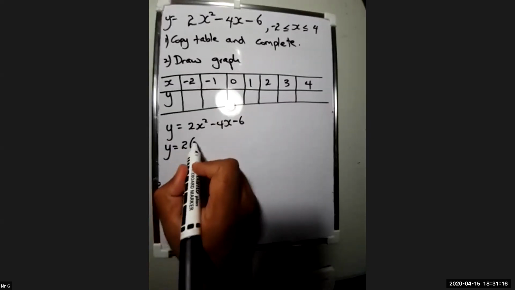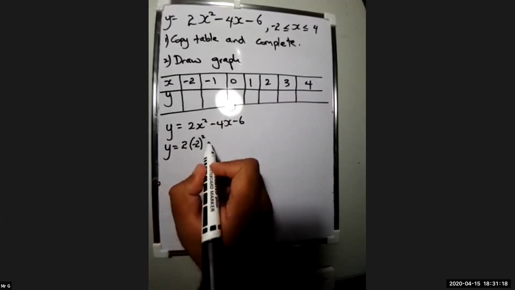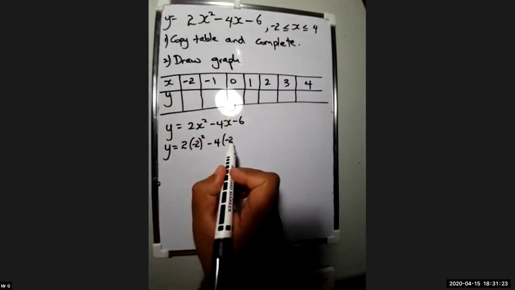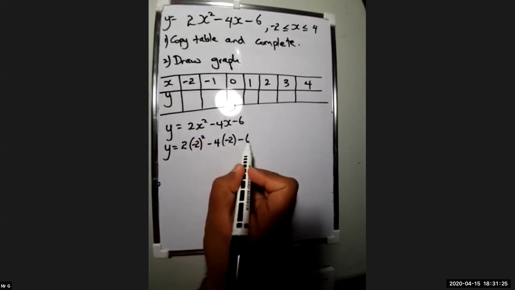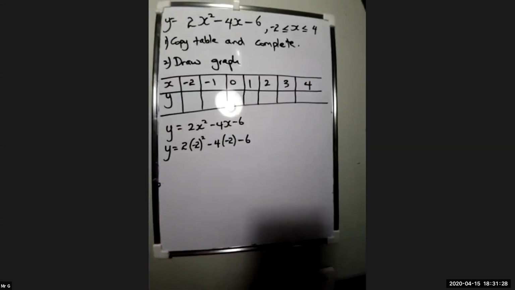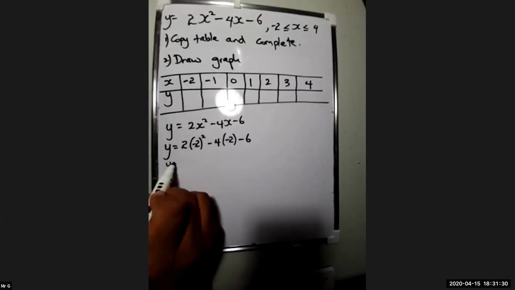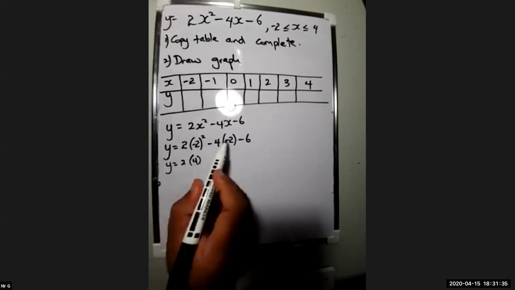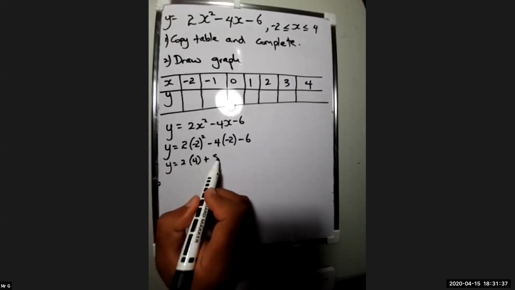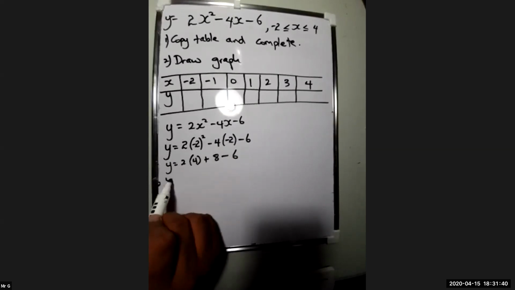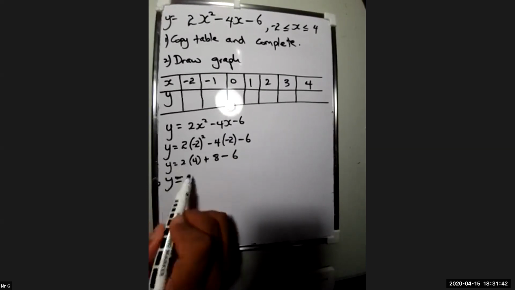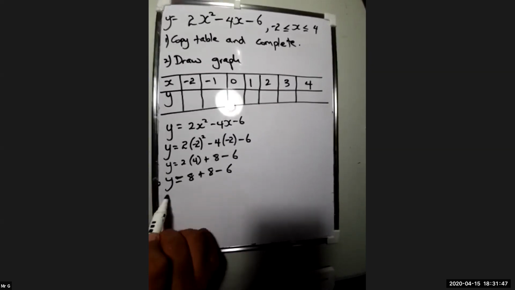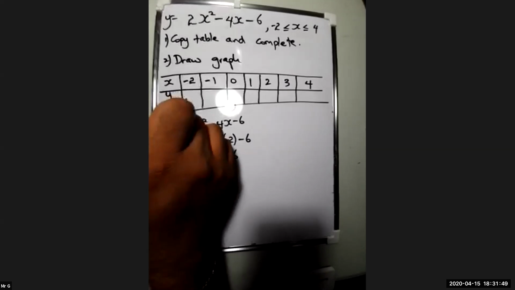So y is equal to 2 times negative 2 squared, minus 4 into negative 2, because that's the value for x, minus 6. Negative 2 squared is 4. A minus and a minus is a plus. 4 twos are 8, minus 6. Now we can remove these brackets. 2 by 4 is 8, plus 8 is 16, minus 6, which is 10. So that's why I got 10 here.